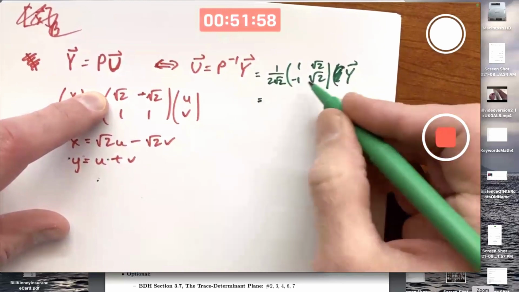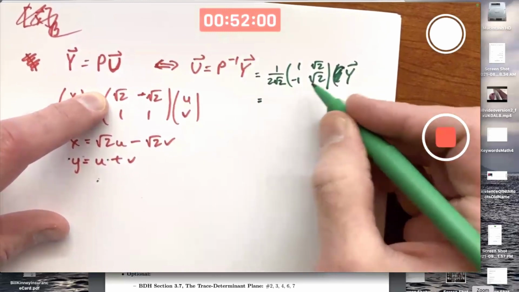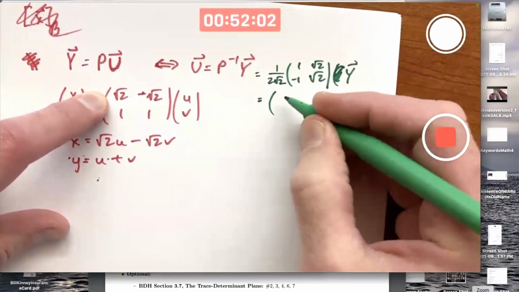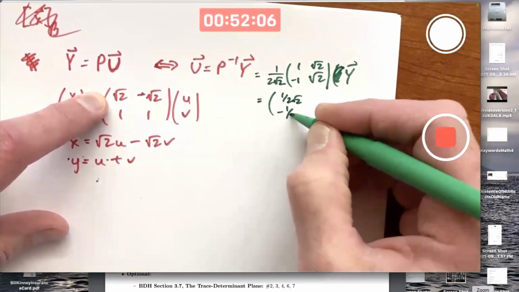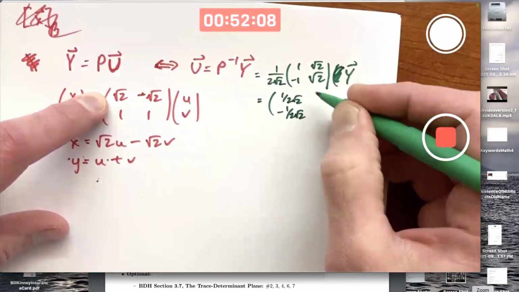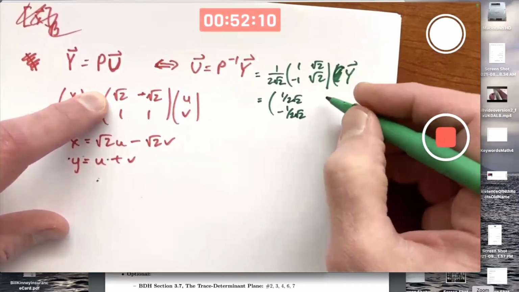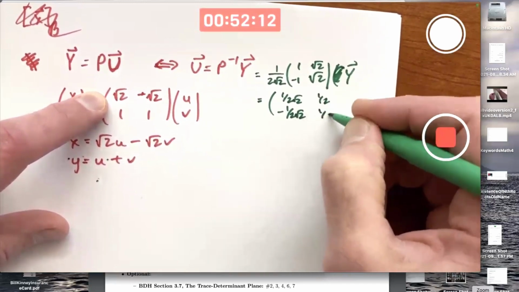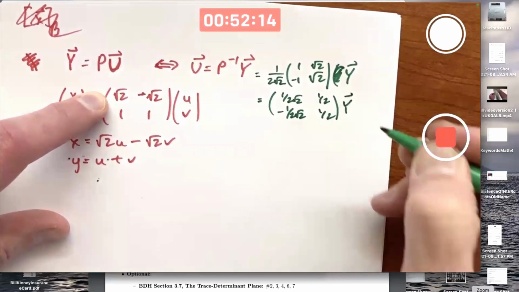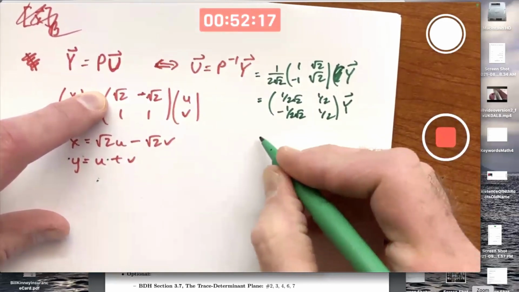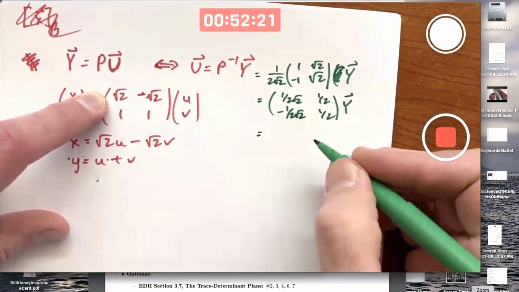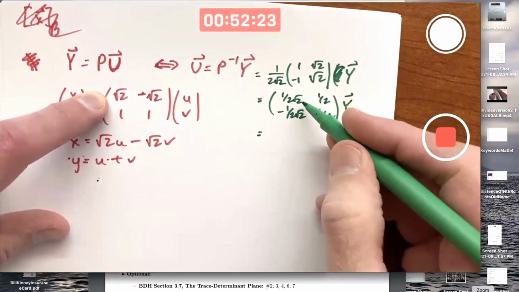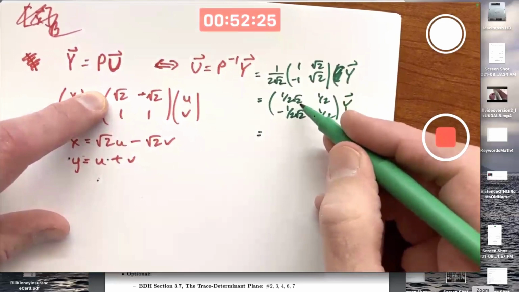We can multiply the 1 over 2 square root of 2 through the parentheses here and write this as this, and with the second column, the square root of 2's cancel. And if we want to rationalize the denominator there, not that you have to, multiply the top and the bottom of these fractions by square root of 2.